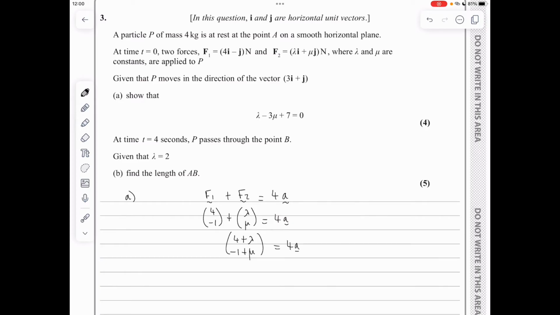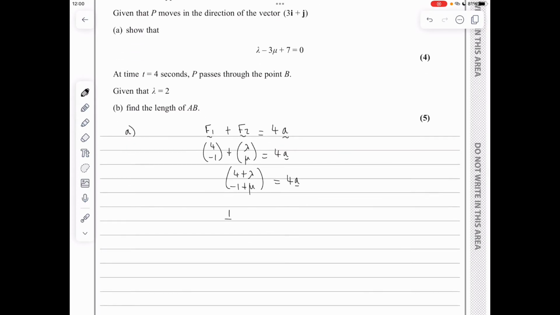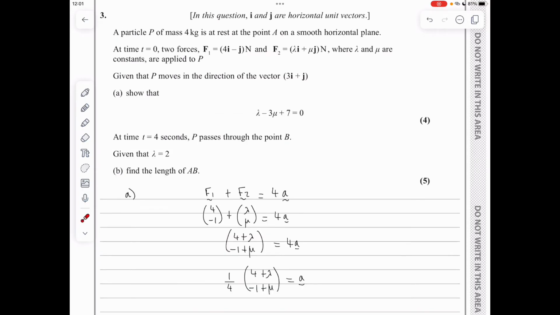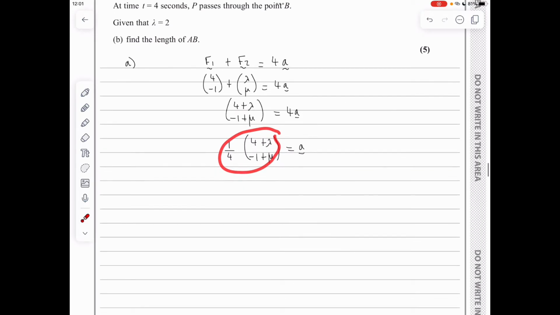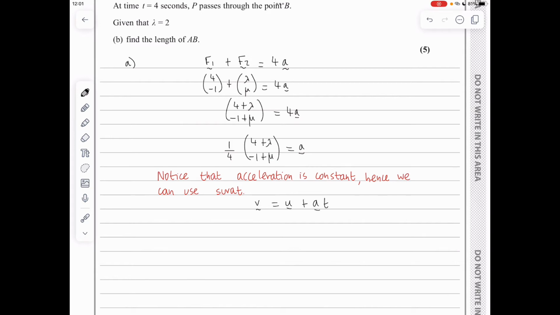And I can get the 4 on the left hand side, a quarter of 4 plus lambda minus 1 plus mu is equal to a. Notice that the acceleration is constant. This means that we can use SUVAT equations here, and therefore I could be using the fact that v is u plus at. We have that v is the initial velocity.